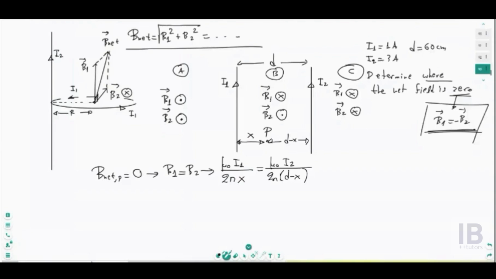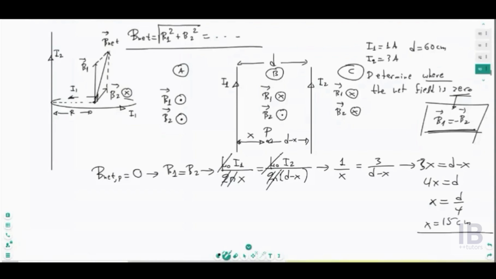Yeah. Okay, mu O is cancelled, right? 2 pi is cancelled. Let's go. 1 over x, I'm substituting the numbers now, equals 3 over d minus x. Yeah. 3x equals d minus x. So 4x equals d, and x equals d over 4, which means 15 centimeters. So this is the answer.